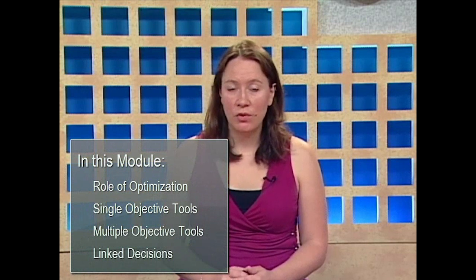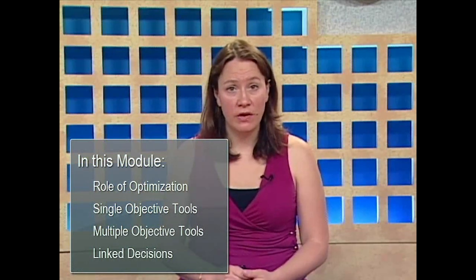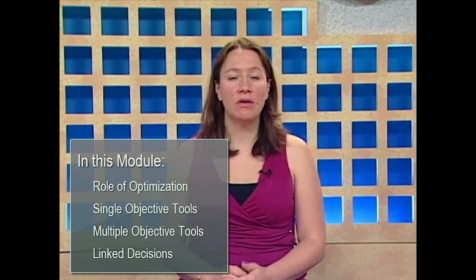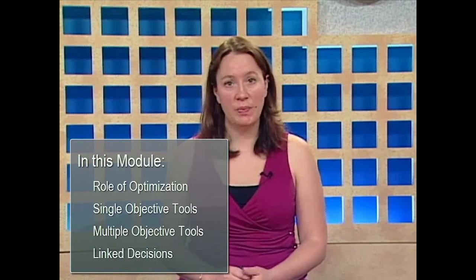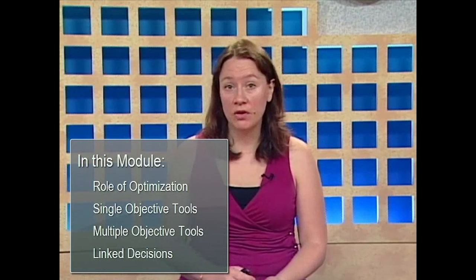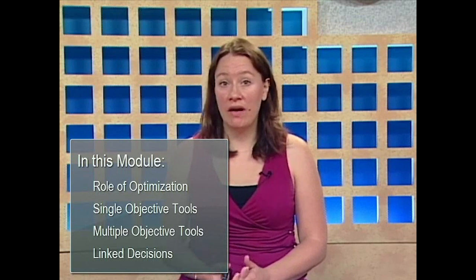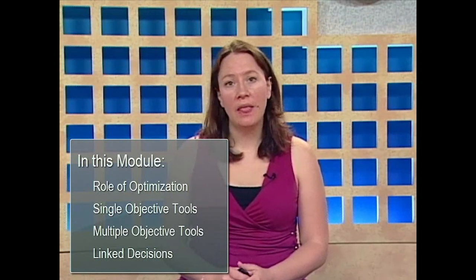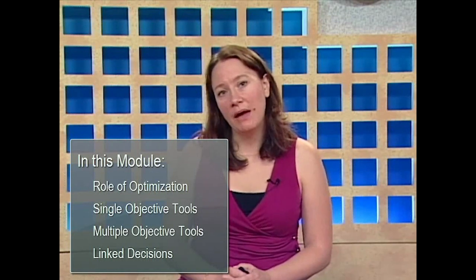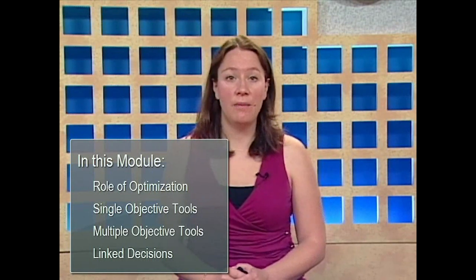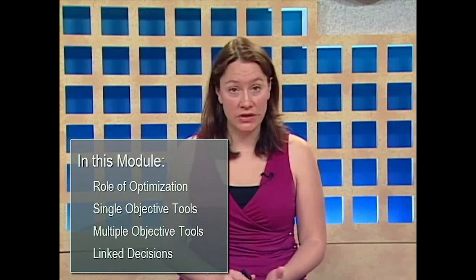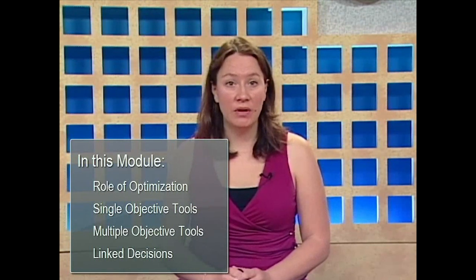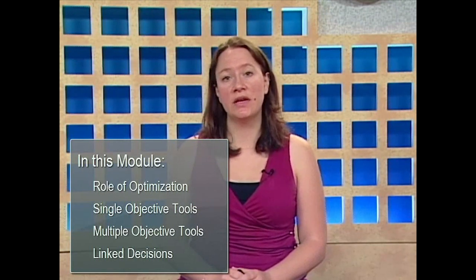So an outline of this module, we're going to talk about the role of optimization, both a general overview, and then we're going to talk a little bit about classes of solution methods. So depending on whether you have single objective, multiple objective problems, whether you have uncertainty in your decision problem or not, and so on. And then we're going to talk a little bit about some single objective tools that apply both in a deterministic setting when we don't have uncertainty and in a stochastic setting when we do have uncertainty.